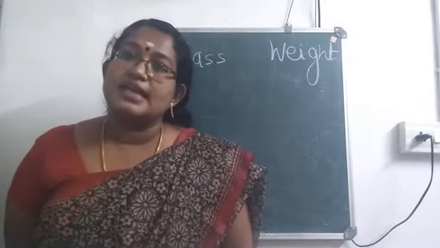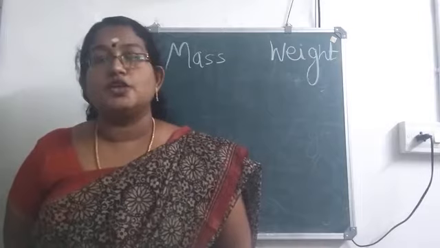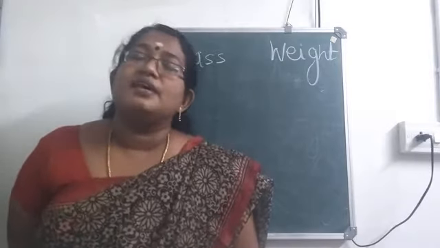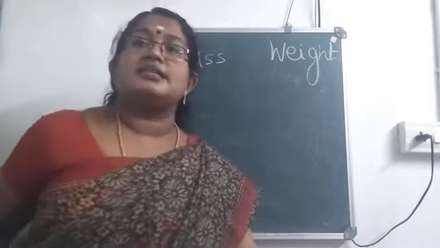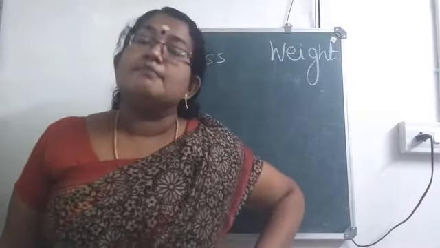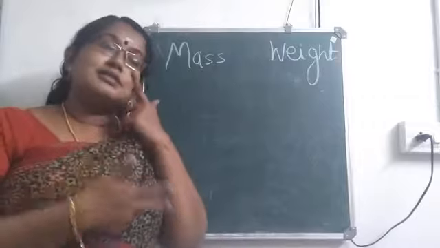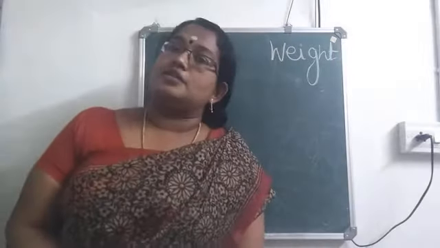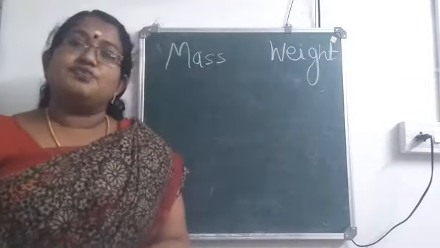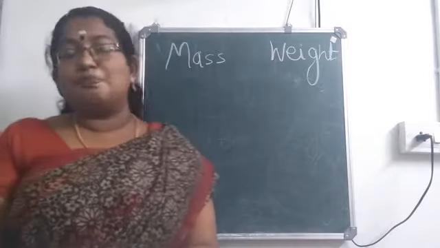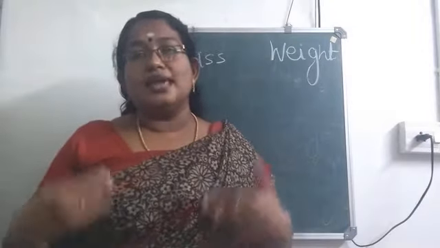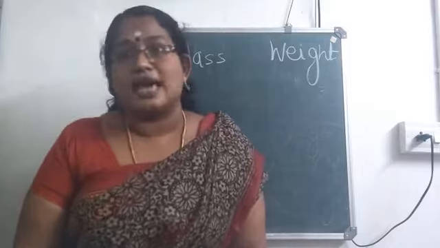Mass is measured in kilogram. SI unit of mass is kilogram, but when we are considering weight, its SI unit is Newton. Why? Because weight is actually a force. Then mass is measured using a physical balance or a beam balance, whereas weight is measured using a spring balance. So these are the main differences between mass and weight.